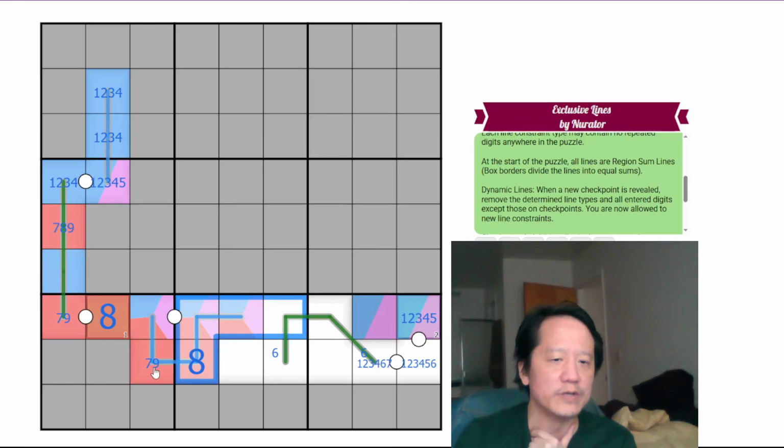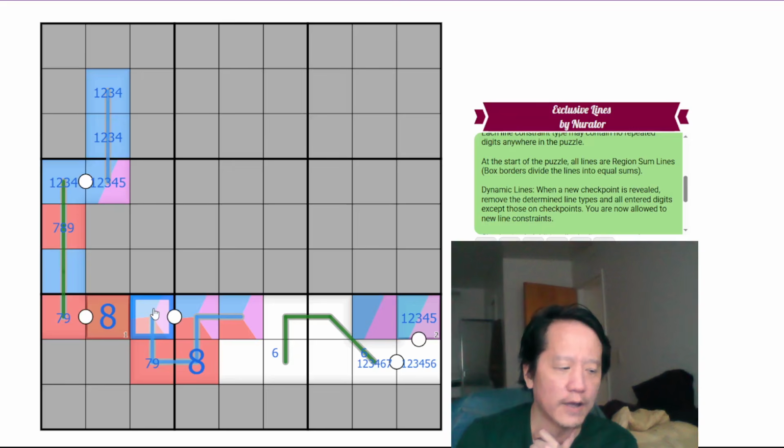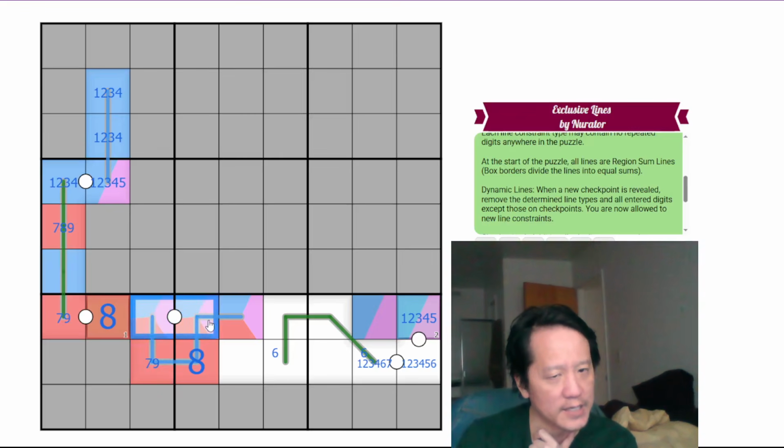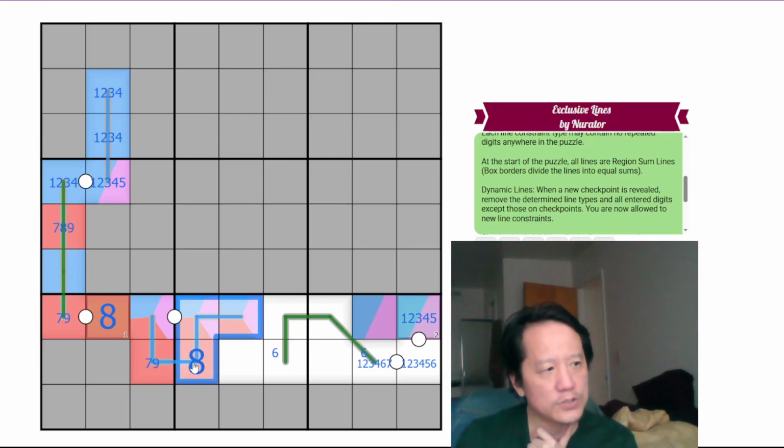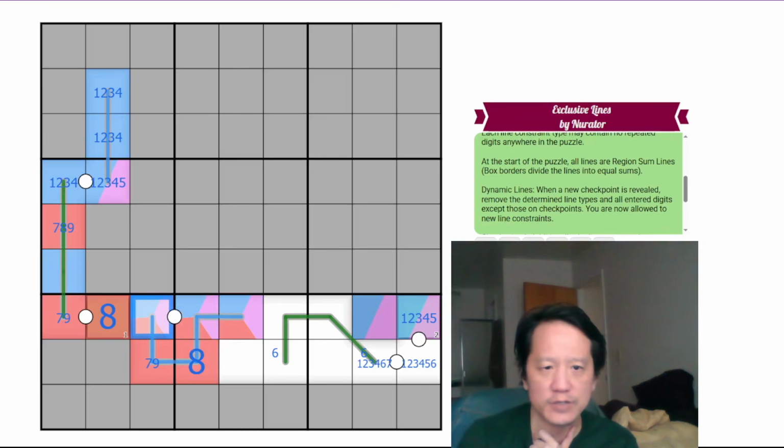The problem is this would have to be a 5 or lower. And 9 plus whatever 5 or lower is not going to add up to 6 plus 8 plus another digit. So this can't be 6 here, which means 6 has to be here.